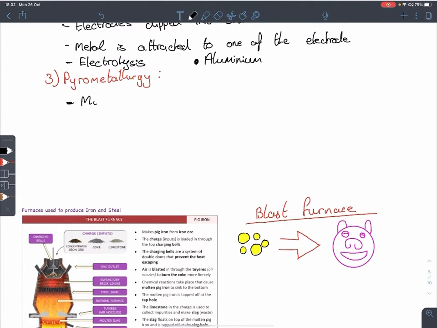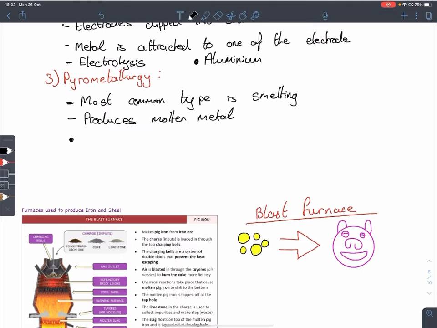So the most common type is smelting, and it just produces molten metal. Now, the examples for these are iron, zinc, tin, and lead.